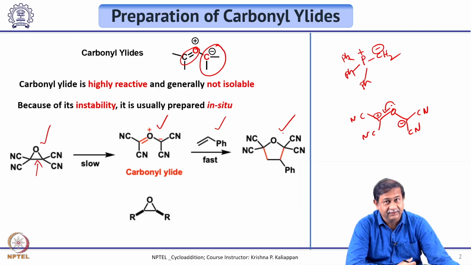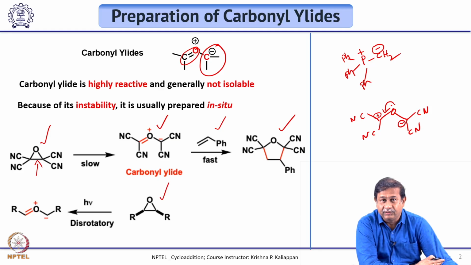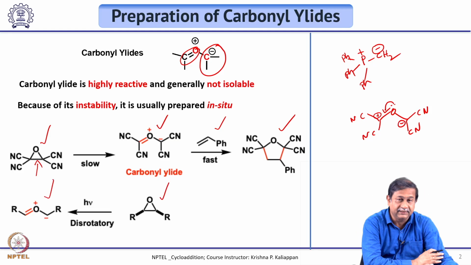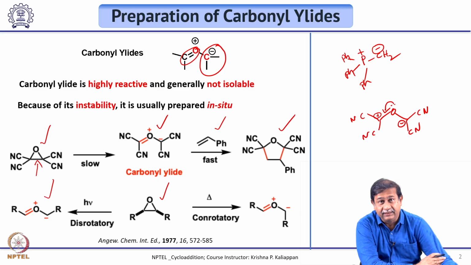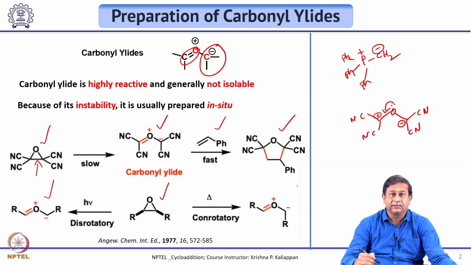Likewise, you can take any epoxide. For example, if this epoxide undergoes disrotatory ring opening, you will get this carbonyl ylide, and it can also undergo a conrotatory ring opening, in which case you will get this ylide.